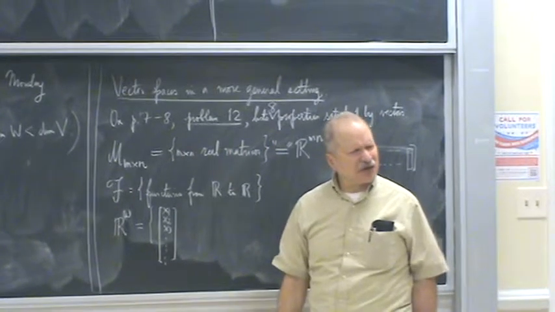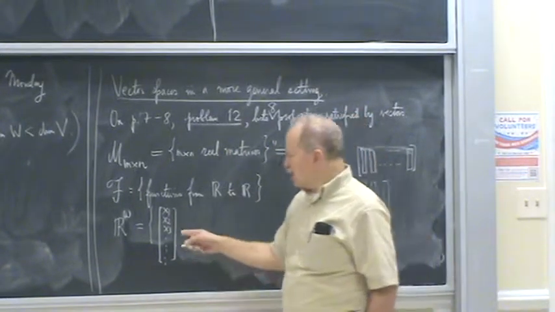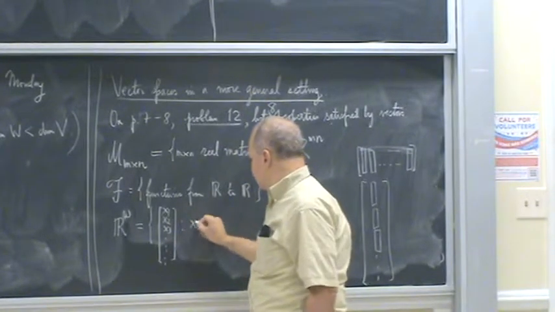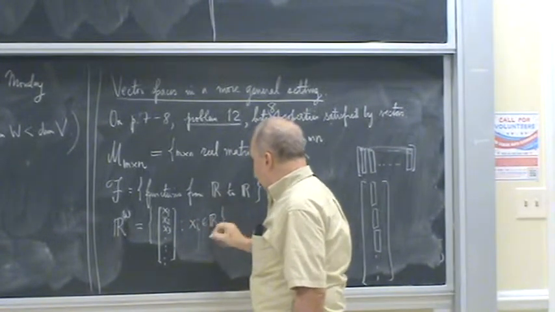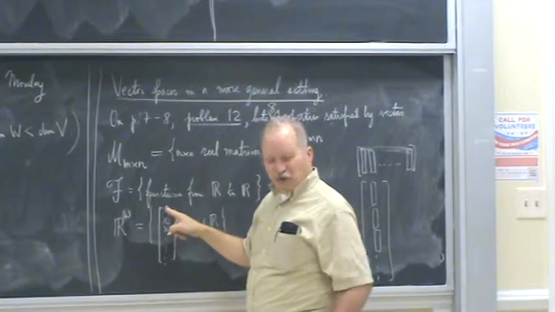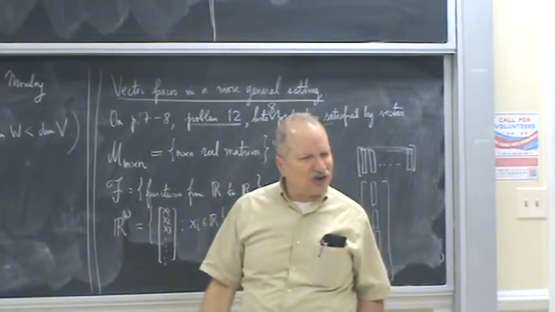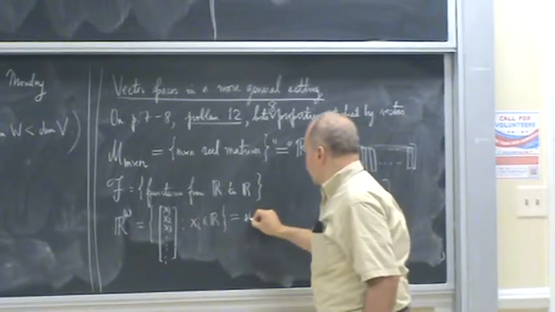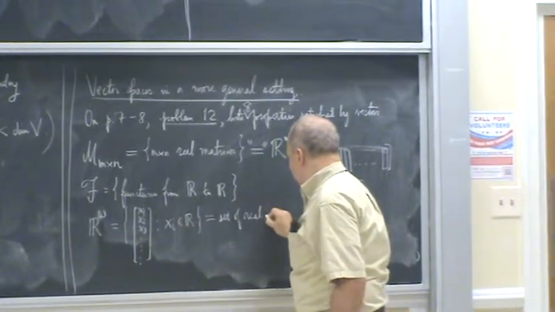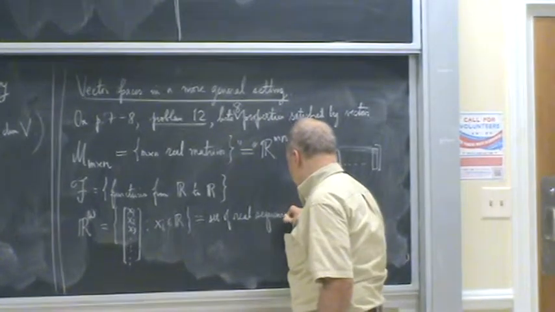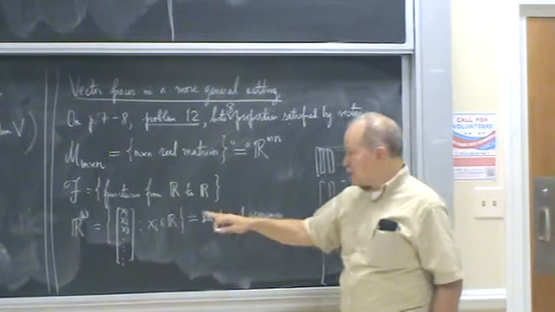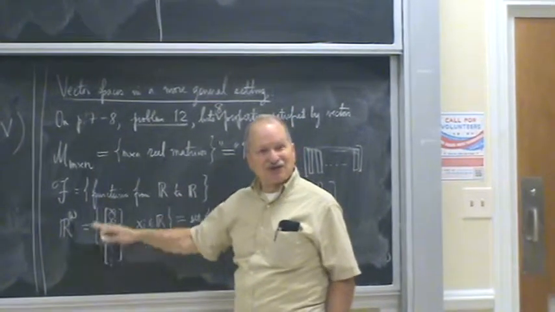That sounds familiar. What were we calling this back in chapter 2? One real number for each positive integer. What's that called? A sequence. So this is the set of real sequences. That's a vector space. You can add two sequences. You can scalar multiply sequences. And there are various interesting subspaces of that vector space you can look at.